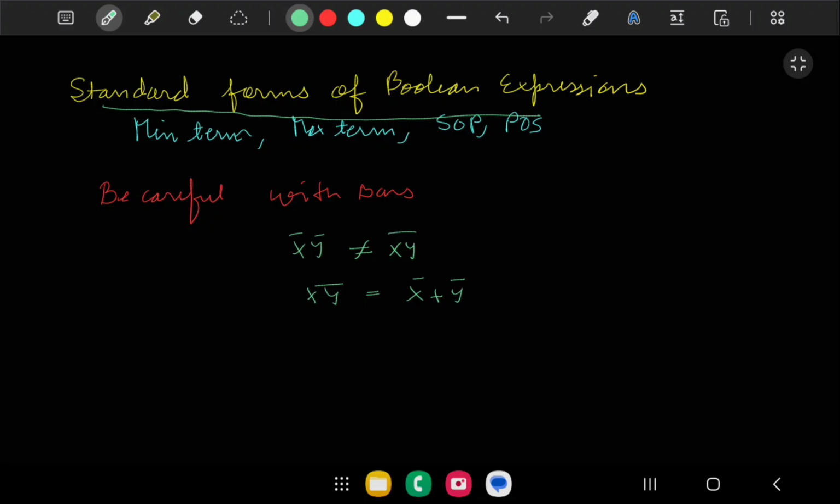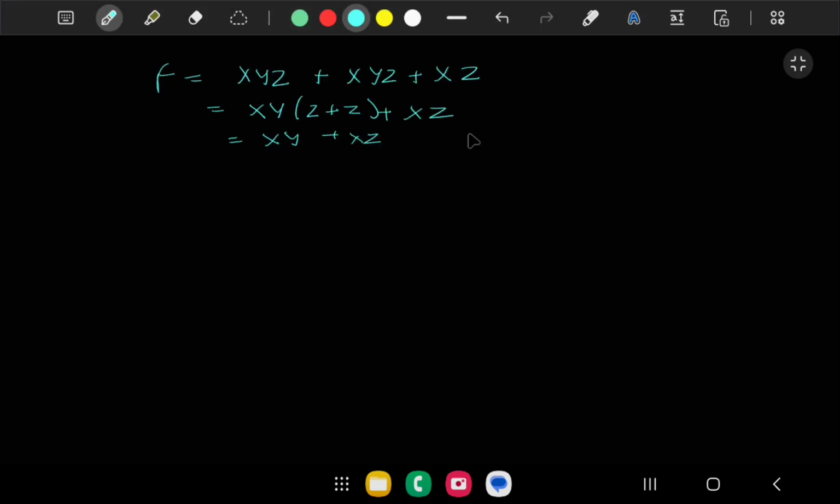What does that mean? Why we need standard forms? You can see same Boolean expression you can express in different ways, right? A same expression you can express in different ways. For example, all of these expressions can be written like this.